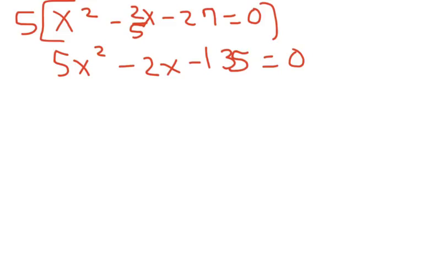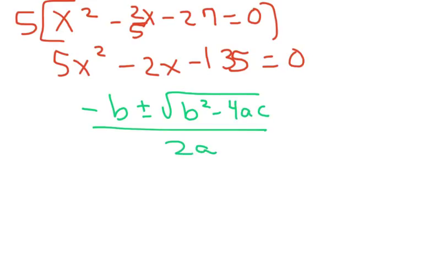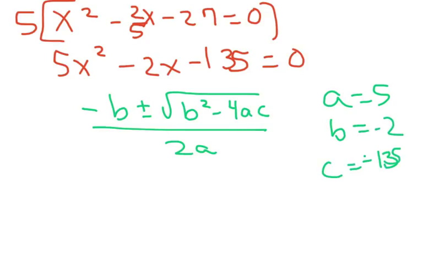But I went ahead and used the quadratic formula. I know that A is 5, B is -2, and C is -135.